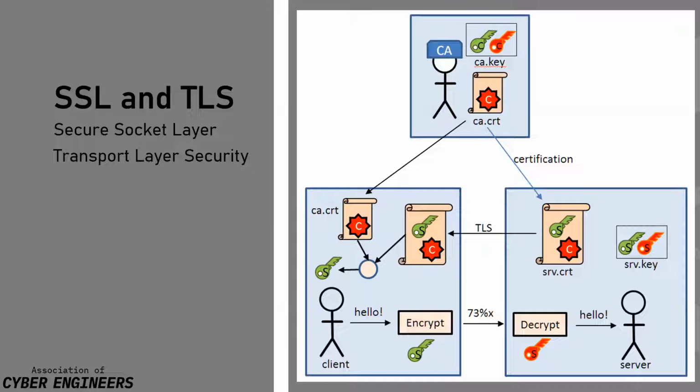So here we have a little diagram where the client and the server want to talk. The client requests a key for the server from the certificate authority. They then send some data to the server. The server will send back some more data that's signed with the private key, so you know who you're talking to. The client sends some more data. They establish a way of encryption.